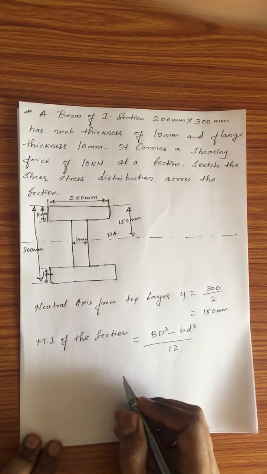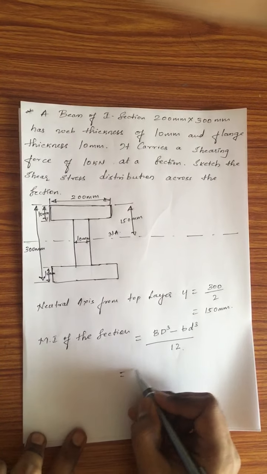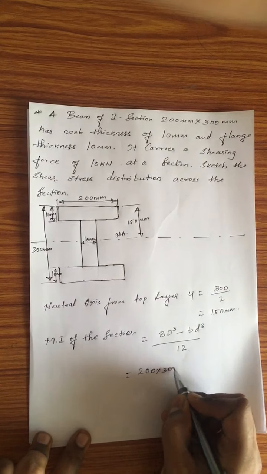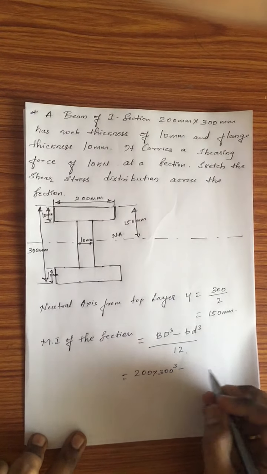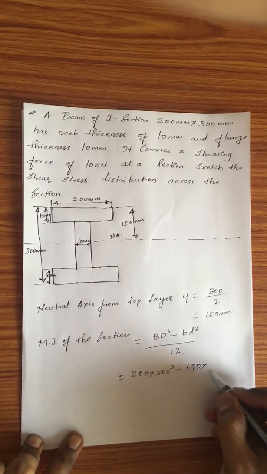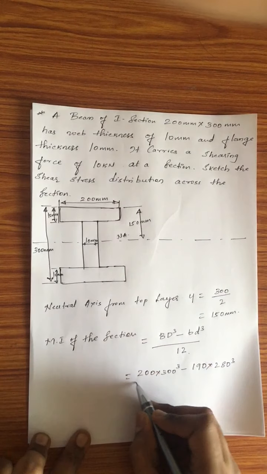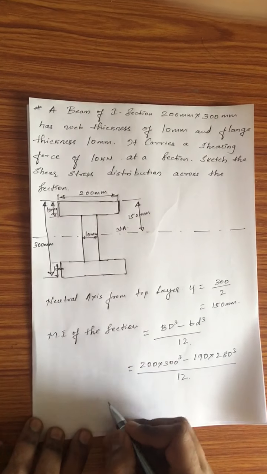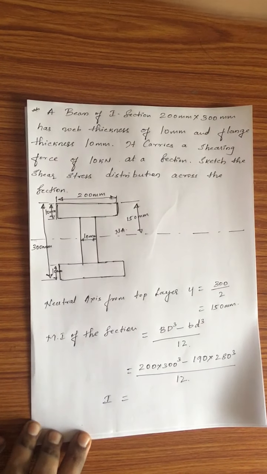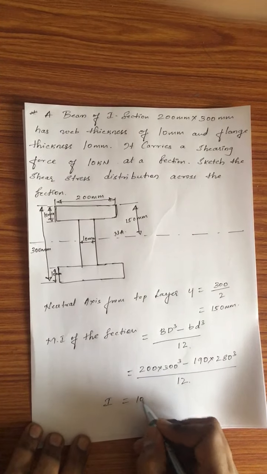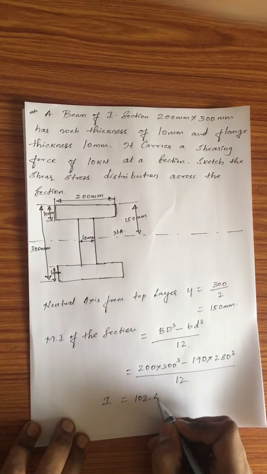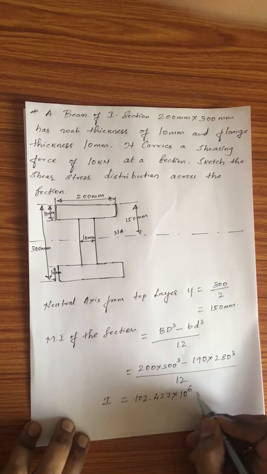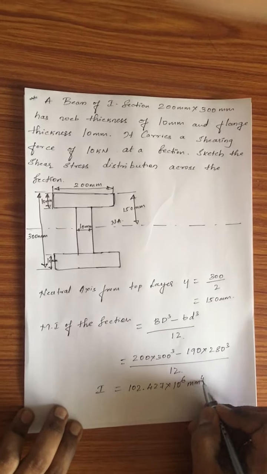Okay, so if I substitute here, I'll just keep substituting: (200 into 300 cubed minus 190 into 280 cubed) divided by 12, and the value I'll get for I will be equal to 102.427 into 10 raised to 6 mm raised to 4.